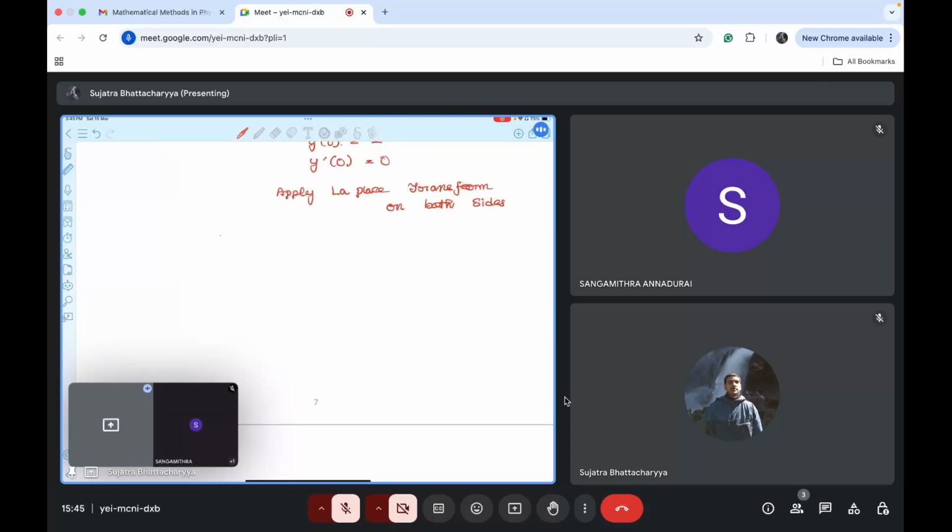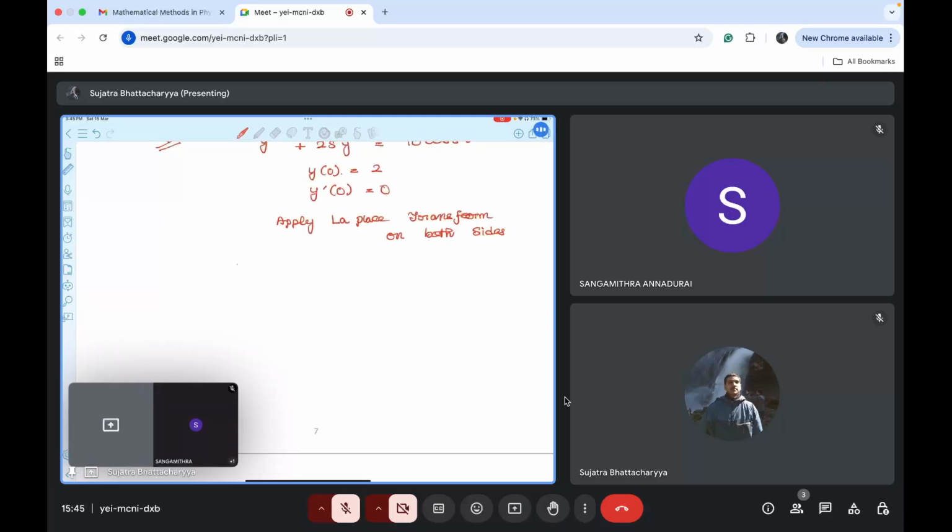So okay, fine. So what will be the Laplace transform of y double dash? I have told already in the last class that it is important. So you must know it should be s square Laplace transform of y minus s of y of 0 minus y dash of 0.